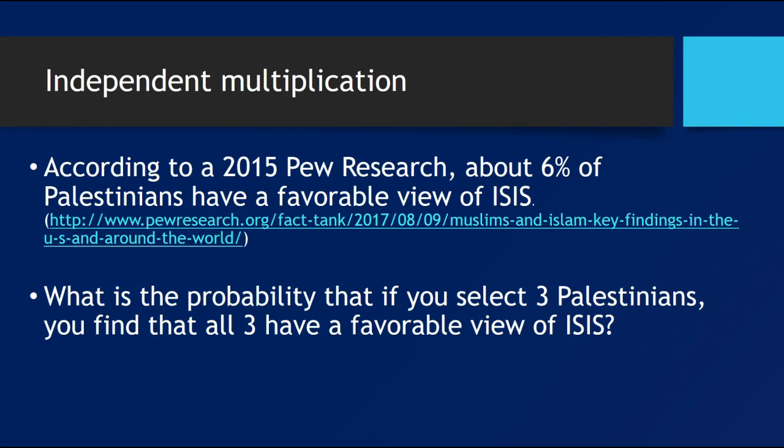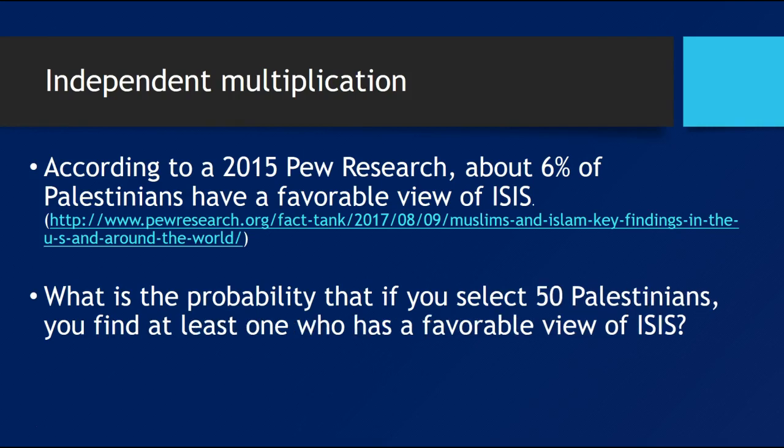And then once you try that one, you can move on to the next problem and say, well, what's the probability that if you select 50 Palestinians, I find at least one who has a favorable view of ISIS? So try to answer those 2 questions, push pause, try to do this by yourself, and then in about 5 seconds I'll come back and show you how both of these problems are done.